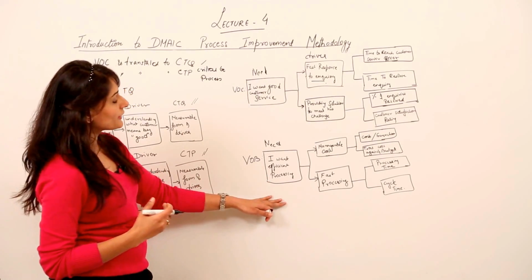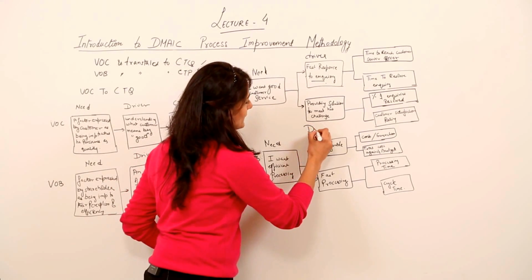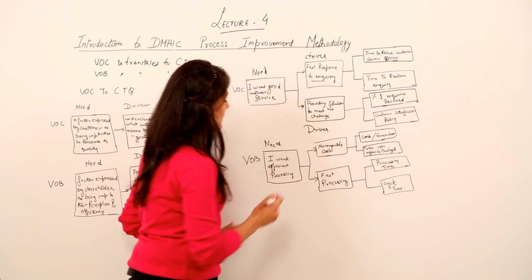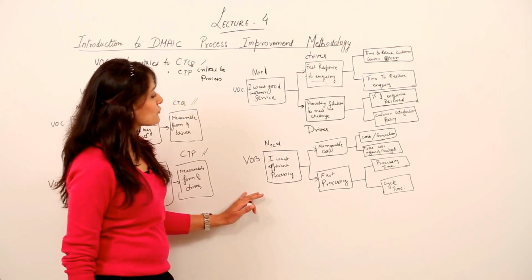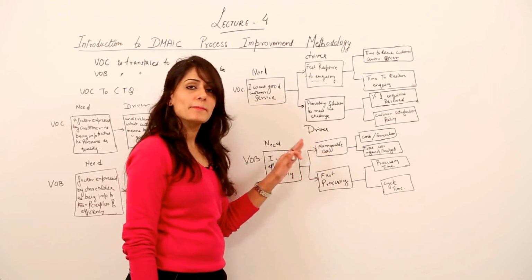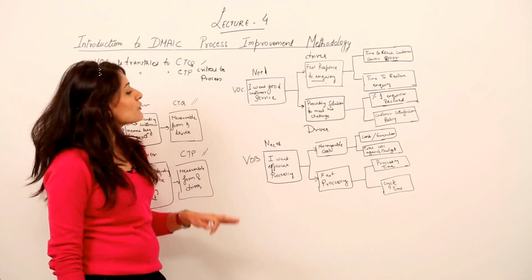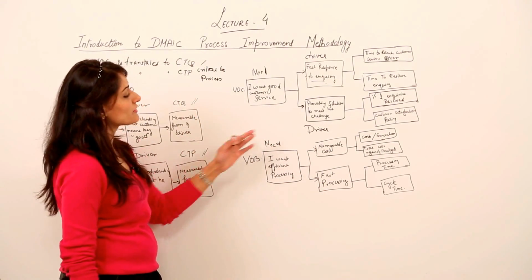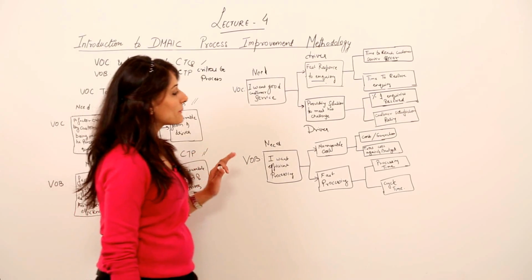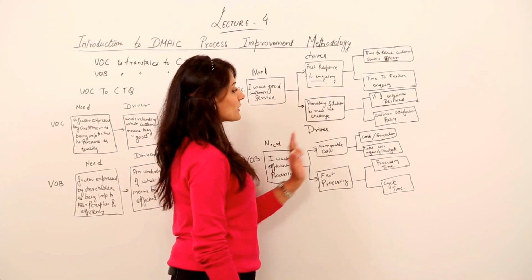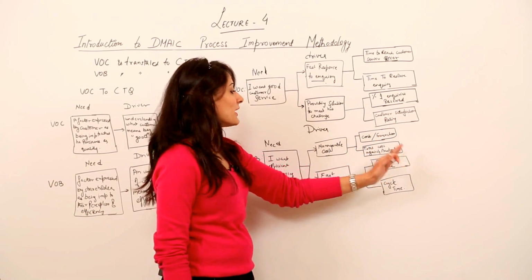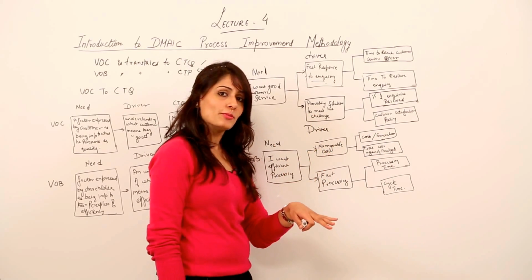So, we can convert it into drivers. The drivers are manageable cost and fast processing. Now, how can we measure manageable cost? It can be measured if we see the cost per transaction and the total cost against budget.